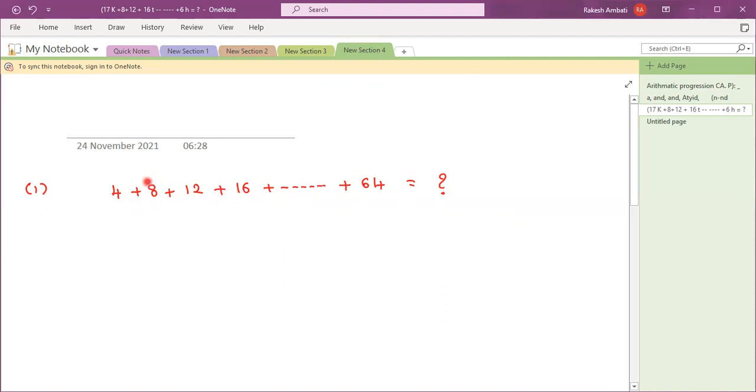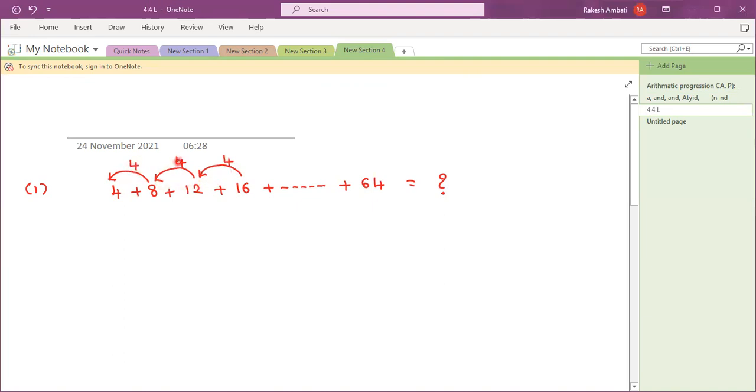For verifying, we do T2 minus T1, the difference is equal to 4. Next, T3 minus T2, third term minus second term, this difference is equal to 4. Next, T4 minus T3, fourth term minus third term, this difference is equal to 4.